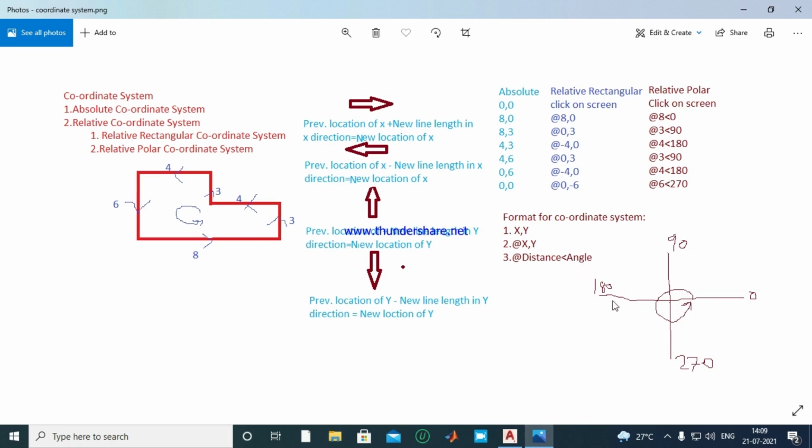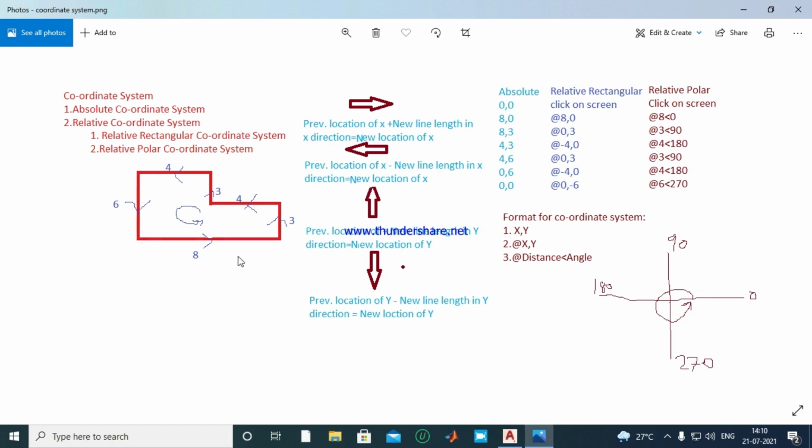By default in AutoCAD the angular system followed is in anti-clockwise direction. That means 0 will come here, then 90 here, 180, 270, like that it will go in anti-clockwise direction. Okay, so using this angular system we are going to draw this object.